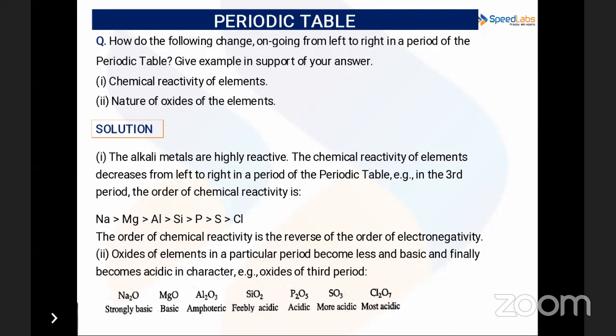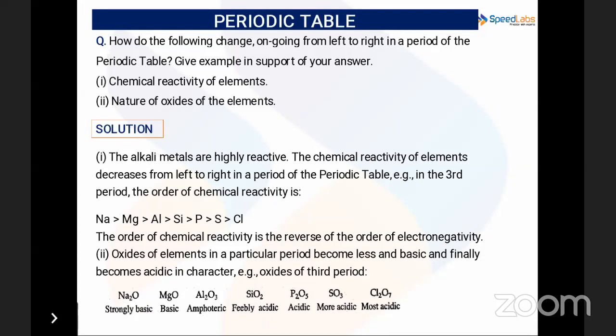So if you see the periodic table, the oxides of the elements in a particular period become less basic and finally become acidic in character. If we talk about the third period, sodium, magnesium, aluminium are the elements present in the third period.